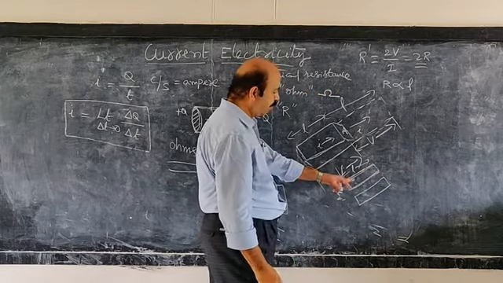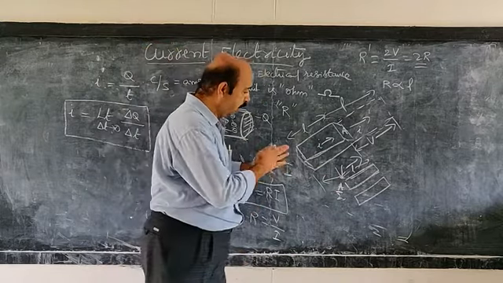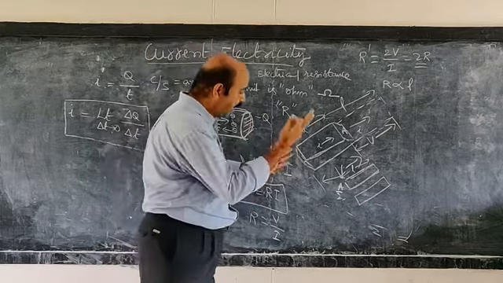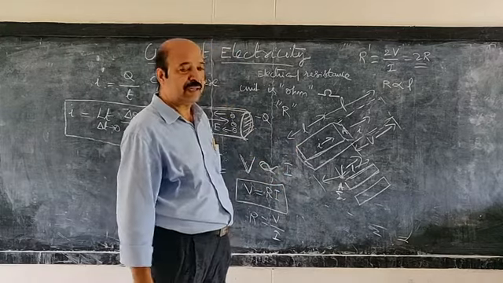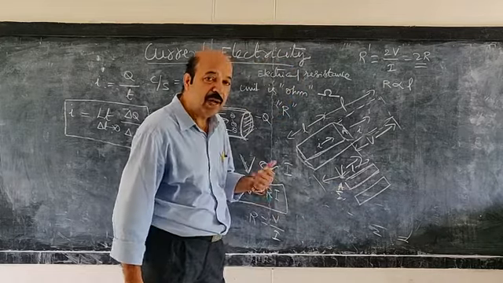So as a result, what happens? The number of charge carriers becomes half. So if you imagine the charge density is same, if you cut the area of cross section, we can easily assume that the number of charge carriers also will become half.